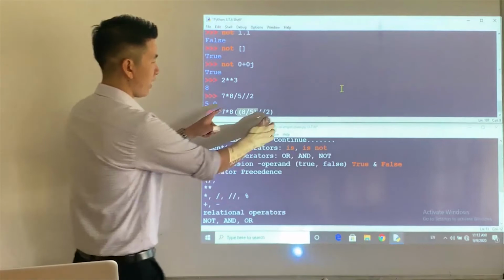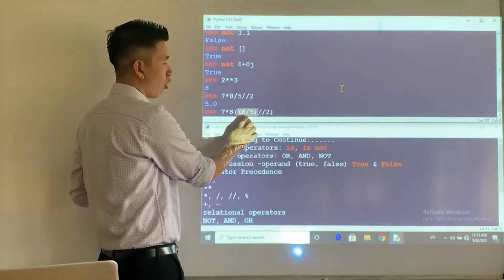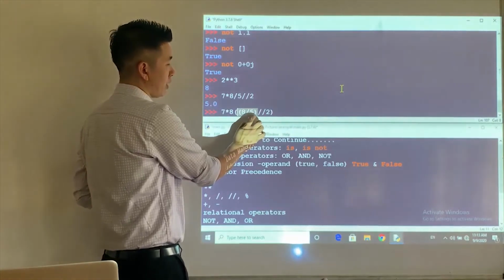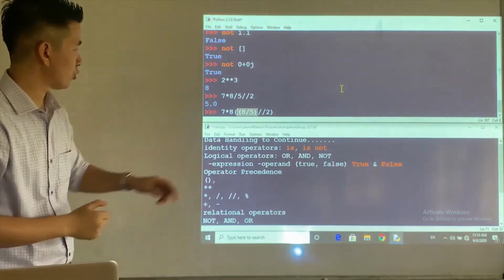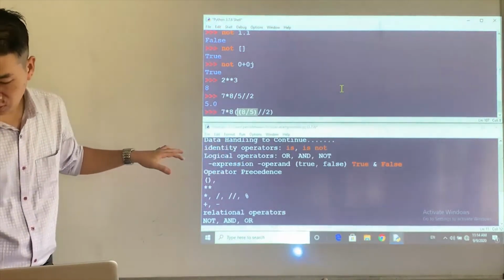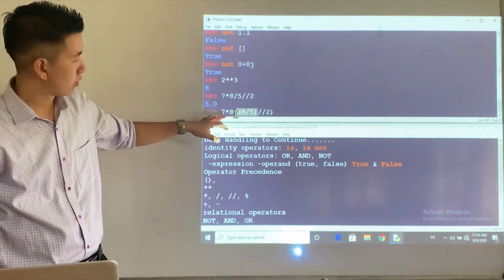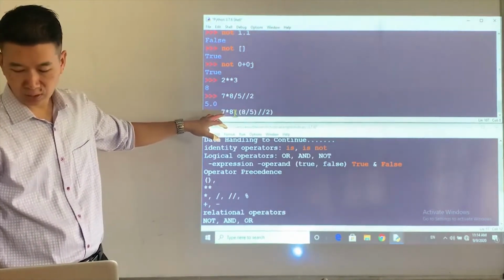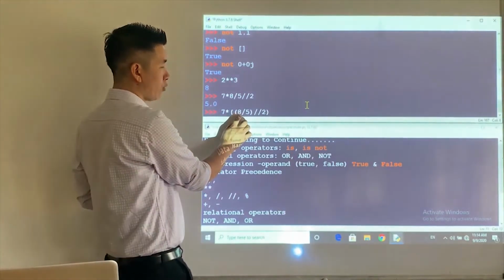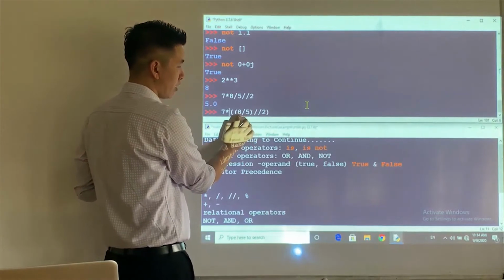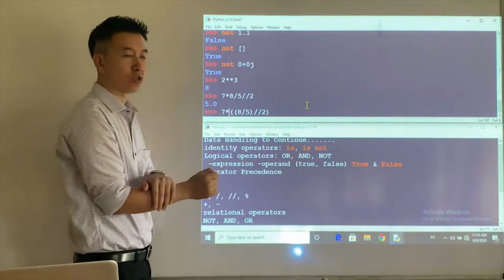Now, once I'm done with this, the next step is I have this bracket, right? Since I have the bracket, it needs to be resolved.